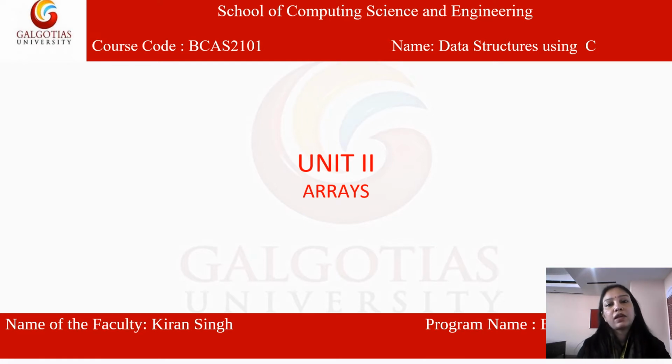So in user defined data types, the first one is arrays, then pointers, and enumerated data types. Once we have finished unit first, we are going to learn about each and every type of these derived data types. So I hope you all have that concept very clear, what we have done in unit first. Now today we are going to start unit second, which is arrays, right?